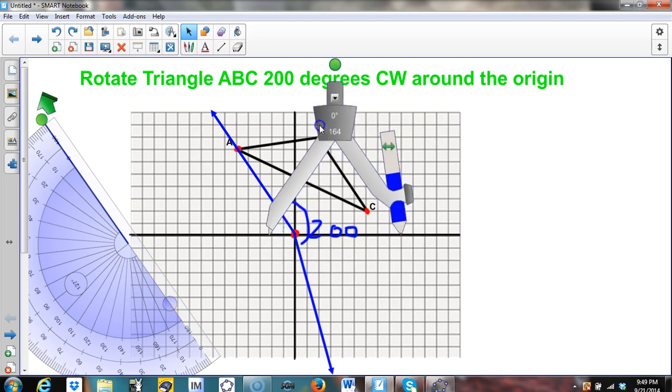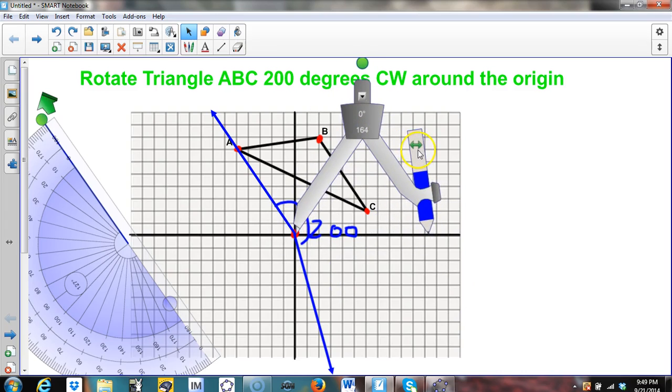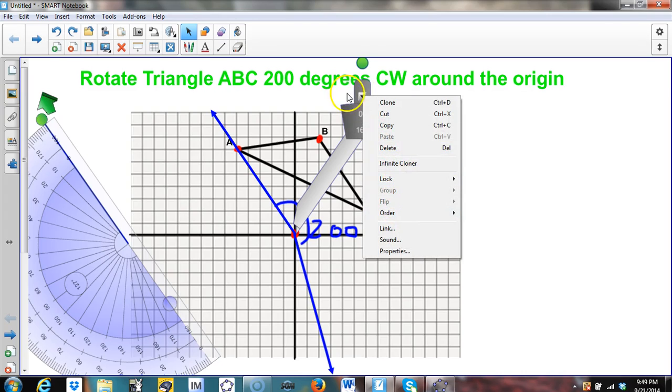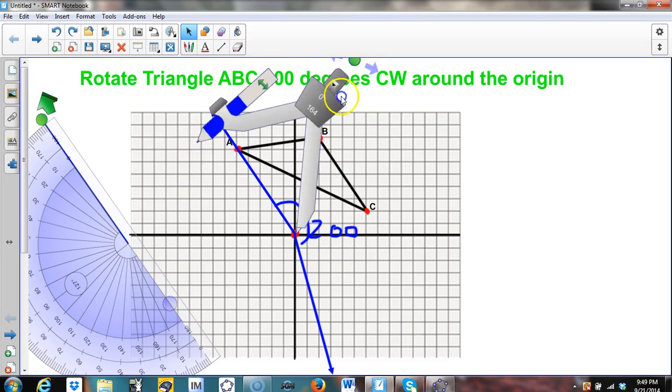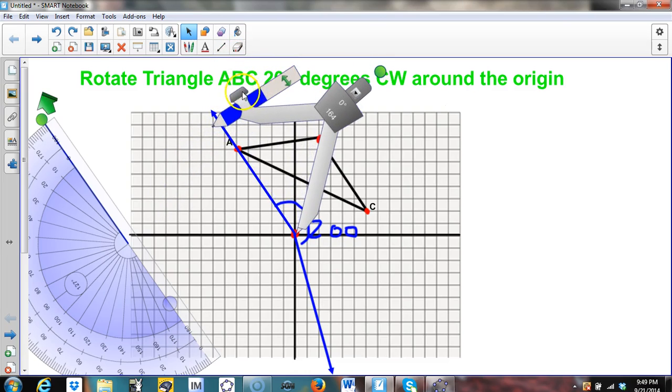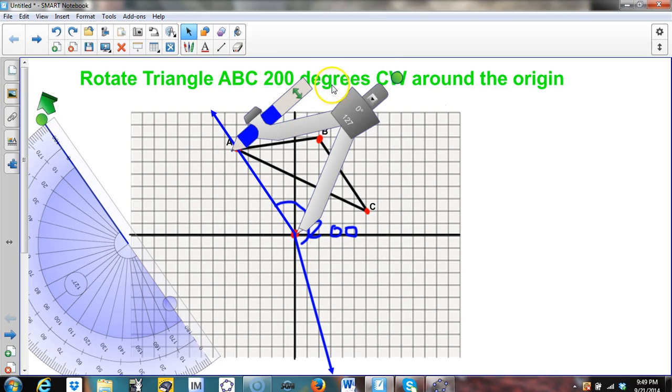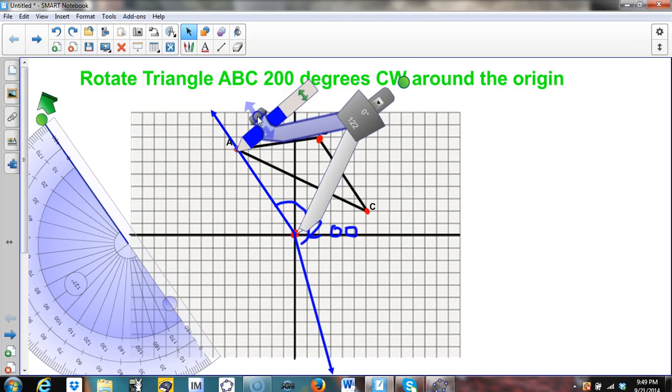So when I want to copy a distance, such as the distance that A is from the origin, I'm just going to use a compass, because I can set that radius to that distance.